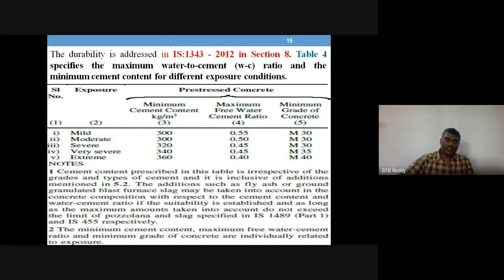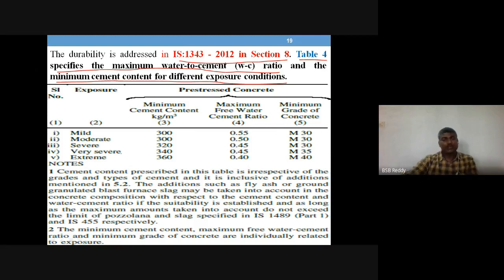So durability is mentioned in the IS code in section 8, where table 4 of the IS code specifies maximum water cement ratio and the minimum cement content for different exposure conditions.